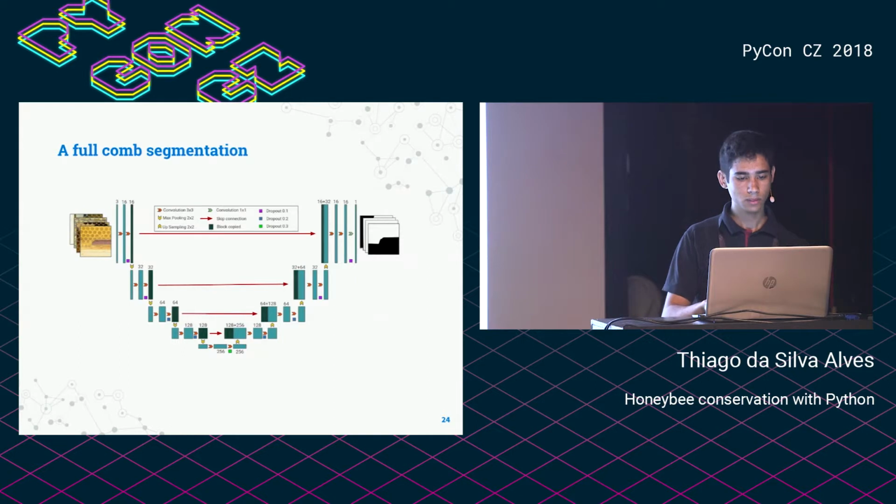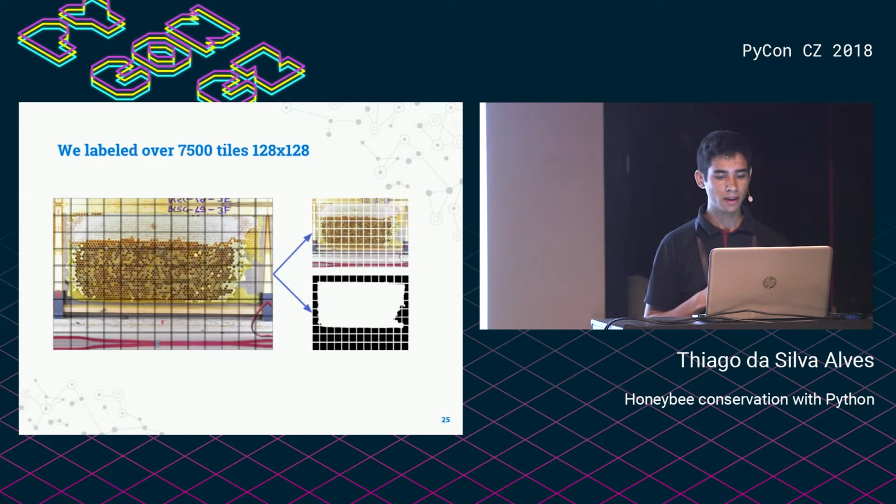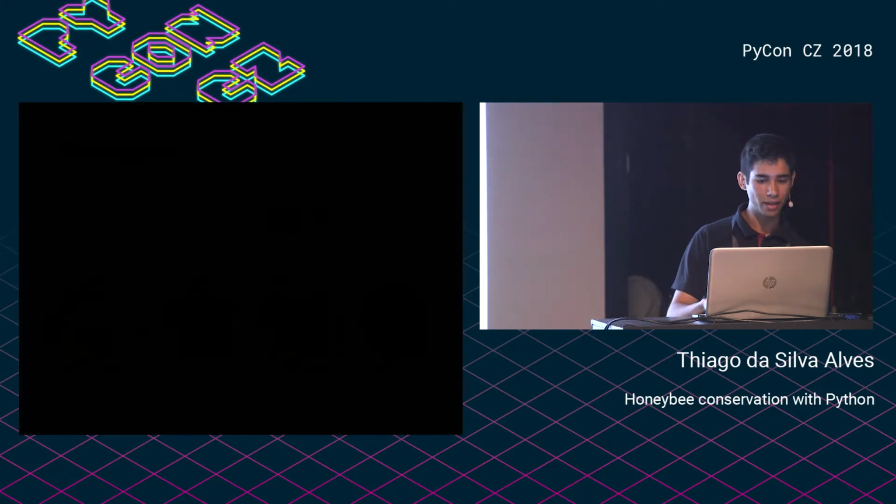So we created a data set to do it, and with Photoshop, I think it was 60 images, we selected only the content inside, and we created a data set with tiles like those. And these tiles were 128 by 128. This was the data set that we created to try to solve this problem in a more efficient way.